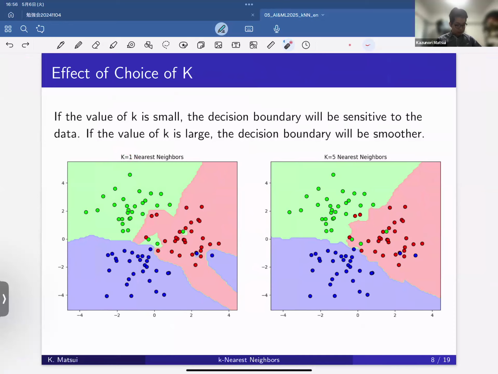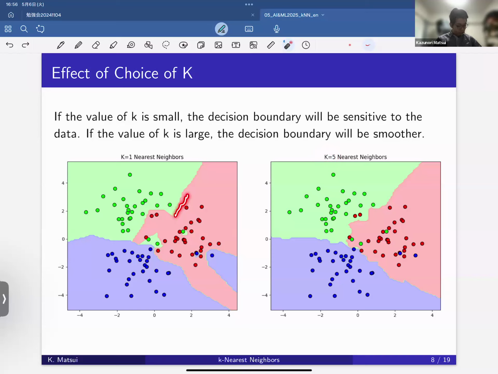So in areas where data is mixed, decisions are made based on only the closest data point. On the other hand, as k increases, we are averaging over more data points, so sensitivity to local variation decreases.